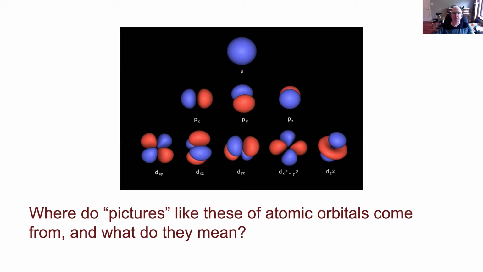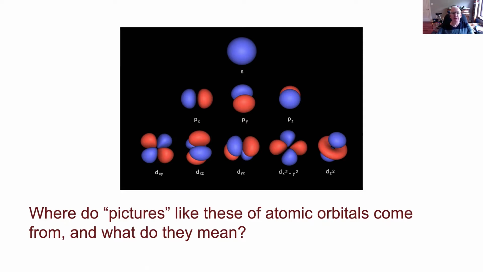On the second row, we've got a set of 3 perpendicular dumbbell-like shapes that describe p orbitals. And on the bottom row, we've got a set of 5 d orbitals with their characteristic shapes, okay? You've seen pictures like this before in general chemistry and maybe even in a high school chemistry class.